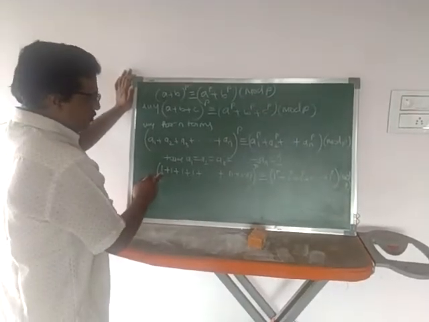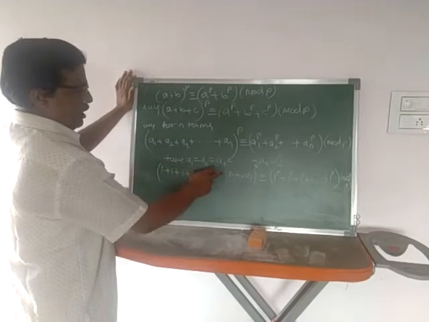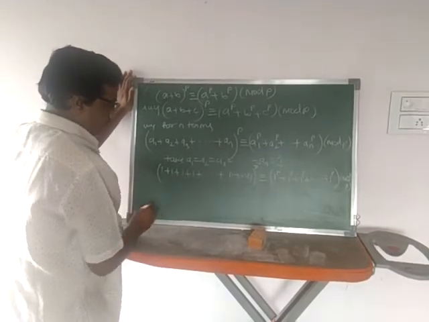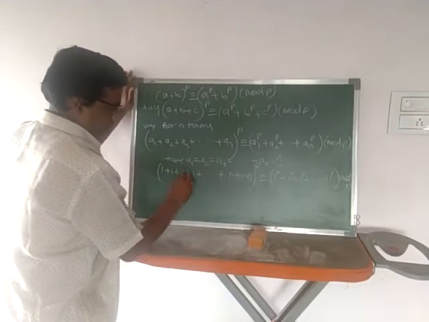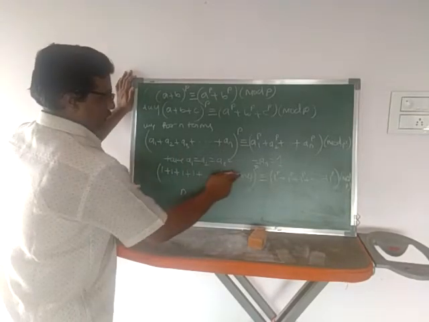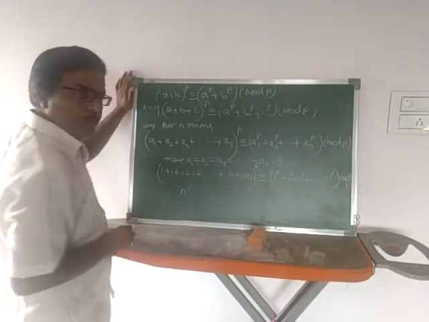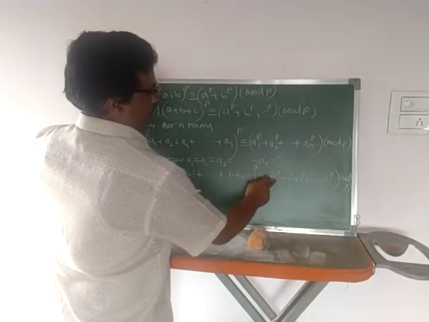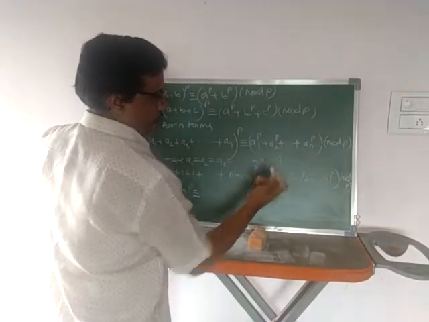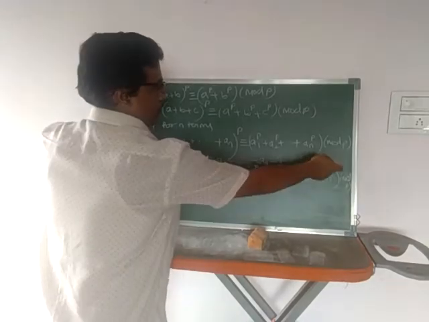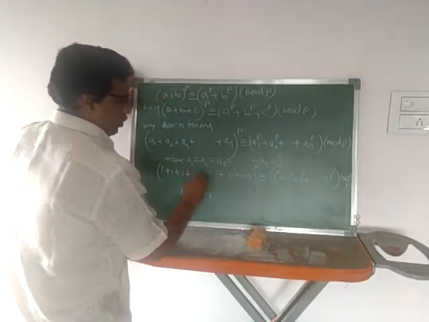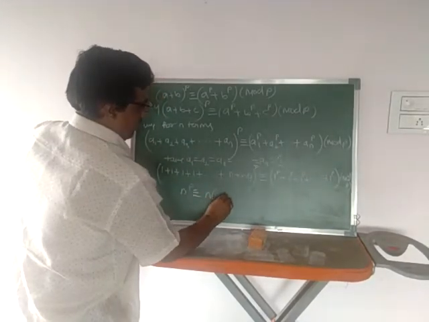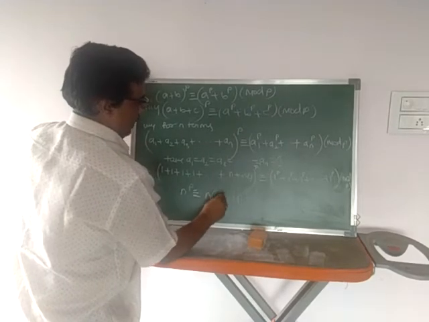So now here 1 plus 1 plus 1 up to n times, that means its value is n, so it becomes n raised to p, then it is congruent to, now again here 1 raised to p is nothing but 1 only, so 1 plus 1 plus 1 up to again n times, it is equal to n, mod p.